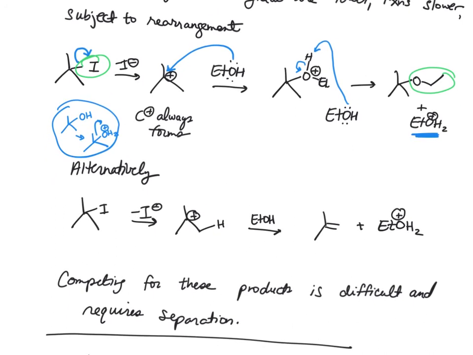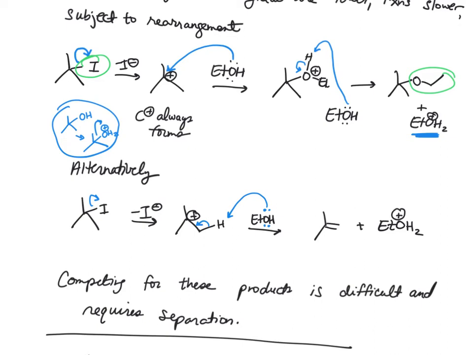Alternatively, you can have the iodide leave, then instead of undergoing substitution, you can have your molecule of ethanol remove a proton from the carbocation and form an alkene.